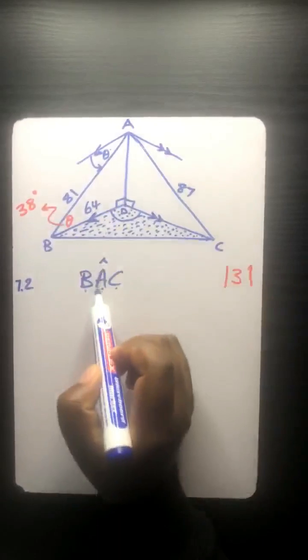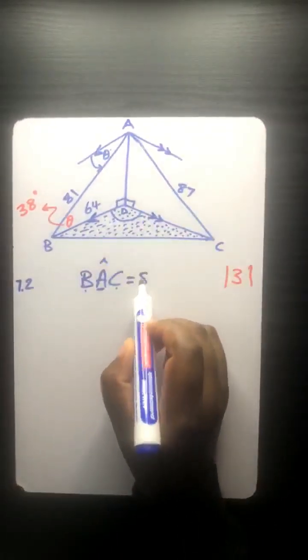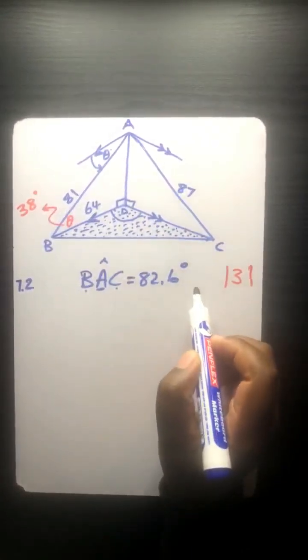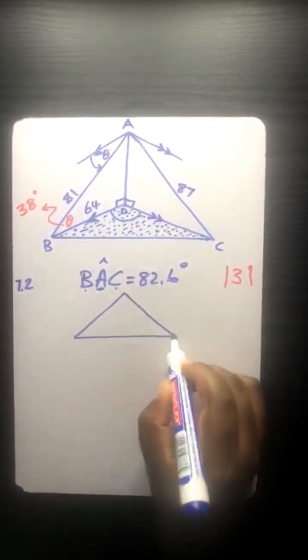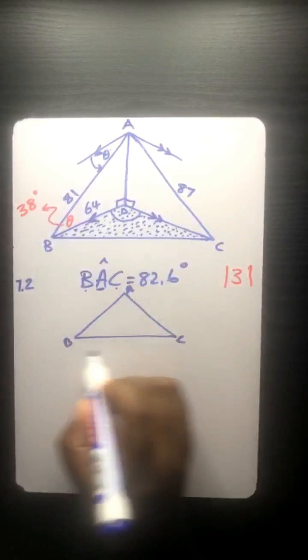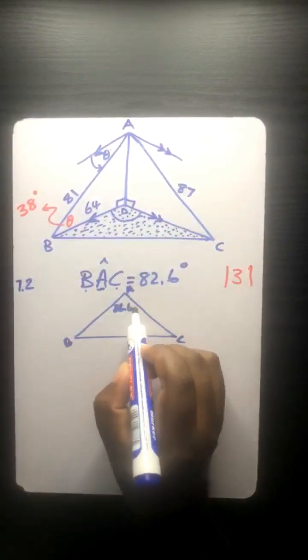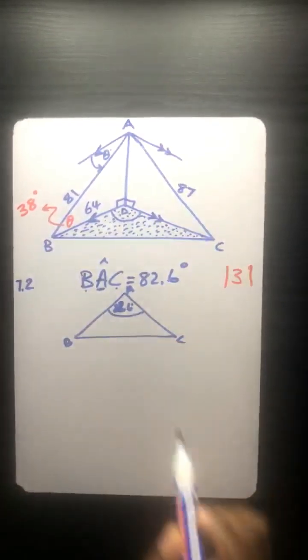That's when you can say angle A is the one that, according to the statement, is 82.6 degrees. To make things easy, draw that and say this is your A, this is your B, this is your C, and this angle is 82.6 degrees.